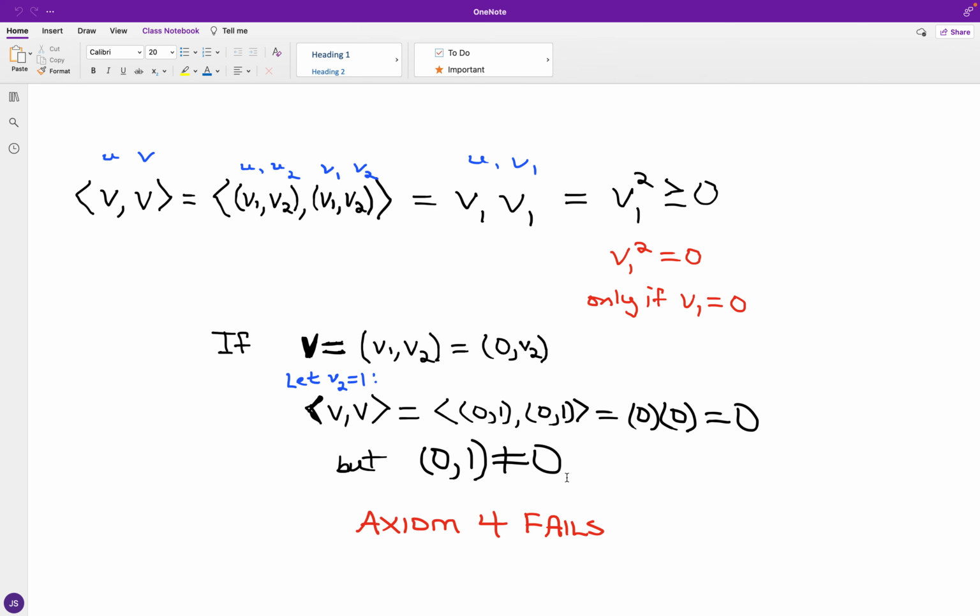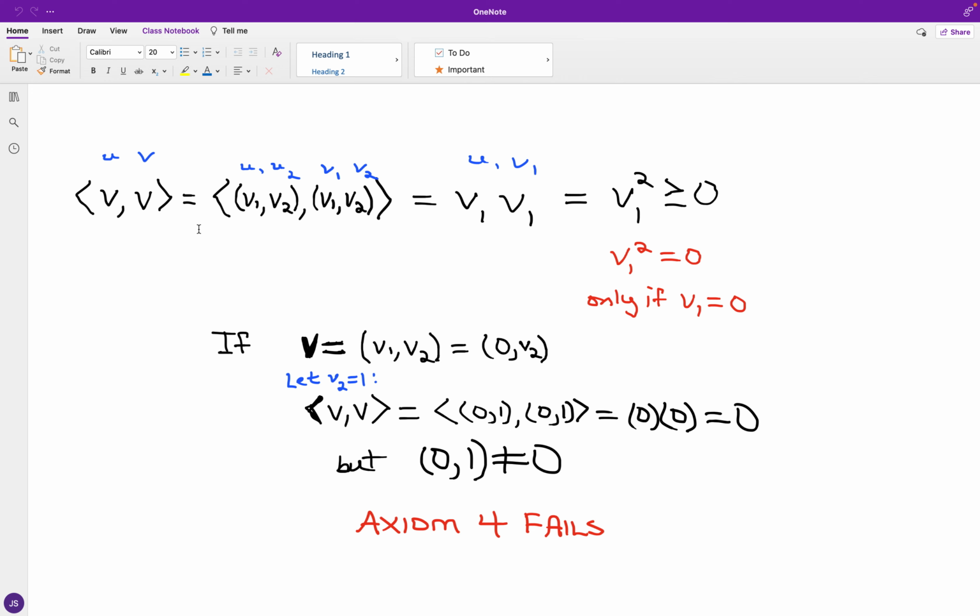Now we have the attempt at determining whether the fourth axiom is going to be satisfied. If we have v paired up with itself, in accordance with the proposed inner product of u and v, you had u sub 1 v sub 1, but where the components in u are replaced with what we have in v.